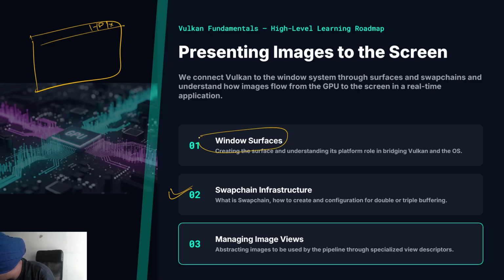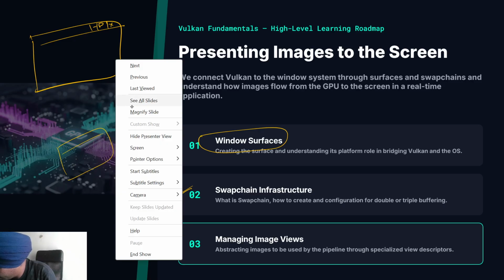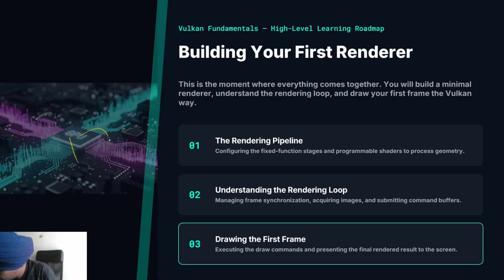What is a window surface? By default you have a window which is given by the operating system. Now this window has some surface, but it doesn't really have the surface.